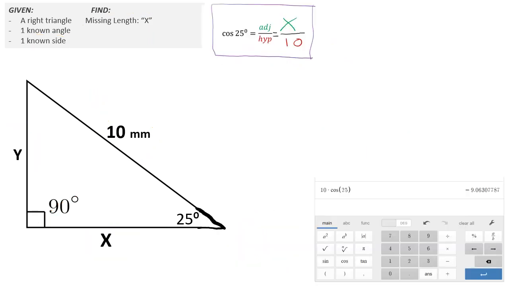So continuing on with this question, we are being asked to find missing length x. So we found that the cosine of 25 degrees equals x over 10 is the ratio that we want to use because we want to isolate that x.